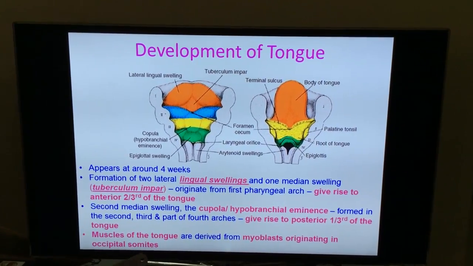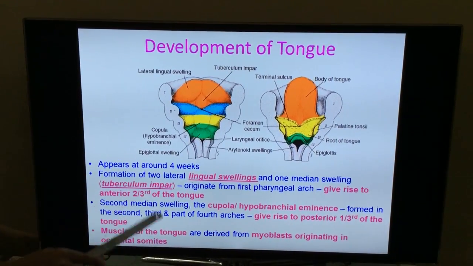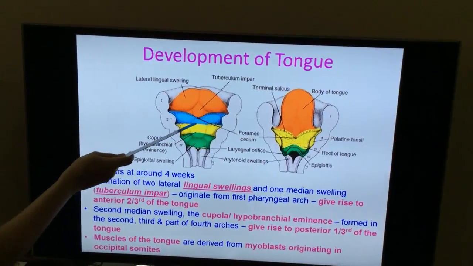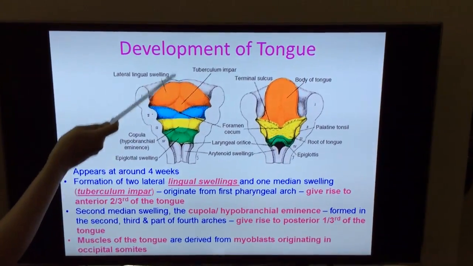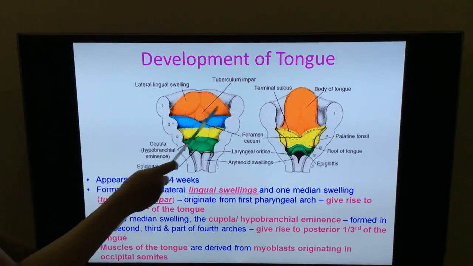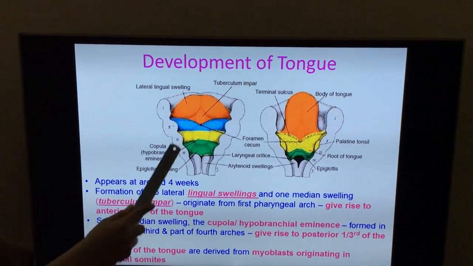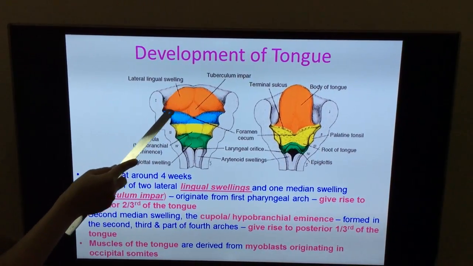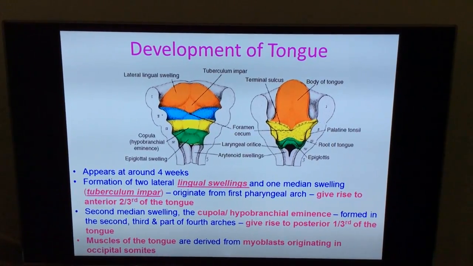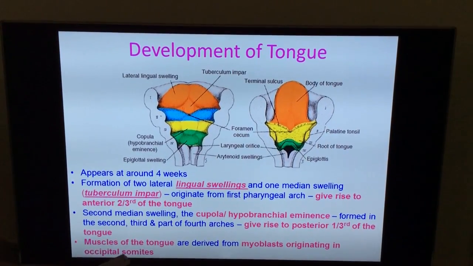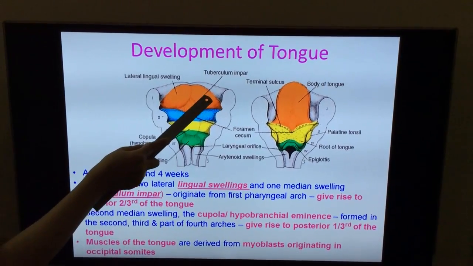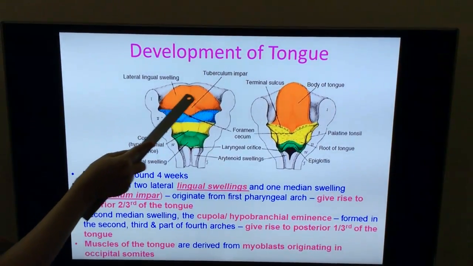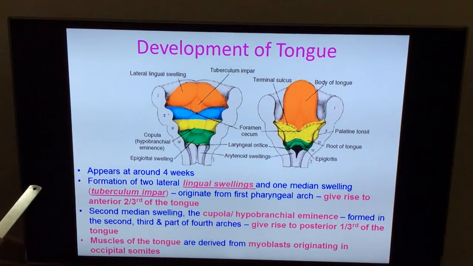You know that the tongue is divided grossly into the anterior 2/3 and the posterior 1/3, and the part which demarcates them is called the sulcus terminalis. At the center there is also a foramen cecum. The anterior 2/3 of the tongue is developed by swellings. One swelling on either side appears at the level of the floor where the first arches are formed, called the lateral lingual swellings.